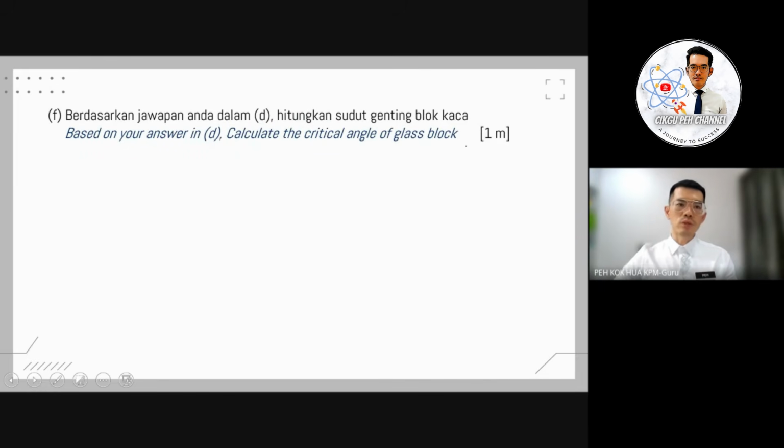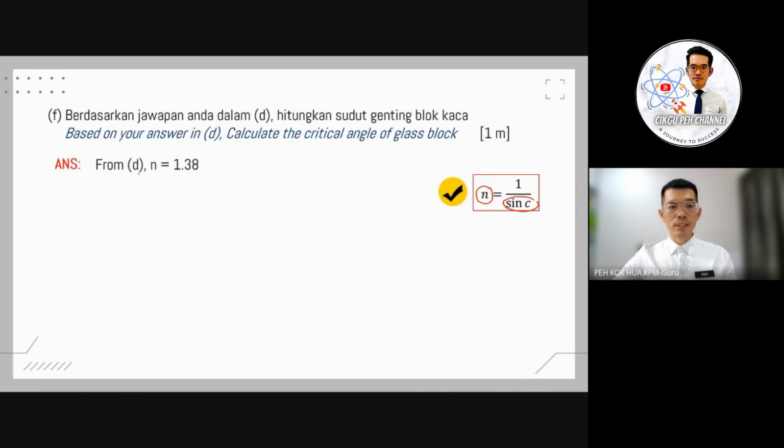And then the next question here will be F. Based on your answer in D, calculate the critical angle of the glass block. For this one, you also need your basic knowledge regarding the relationship between the refractive index and the critical angle, which is n equals 1 over sine c.